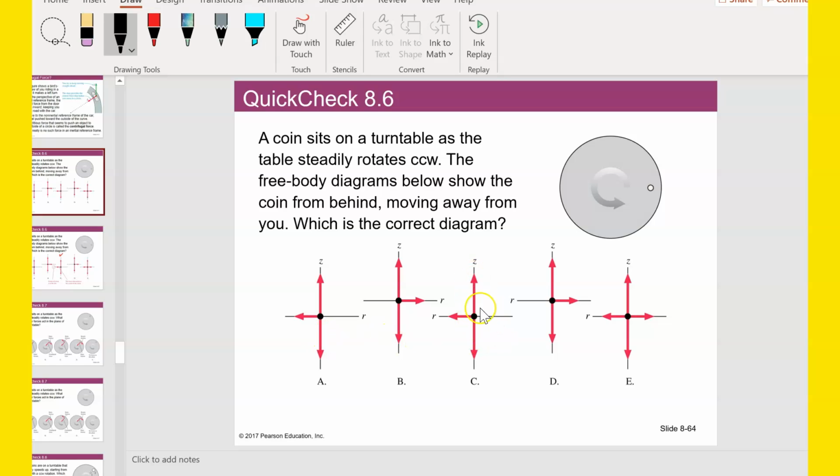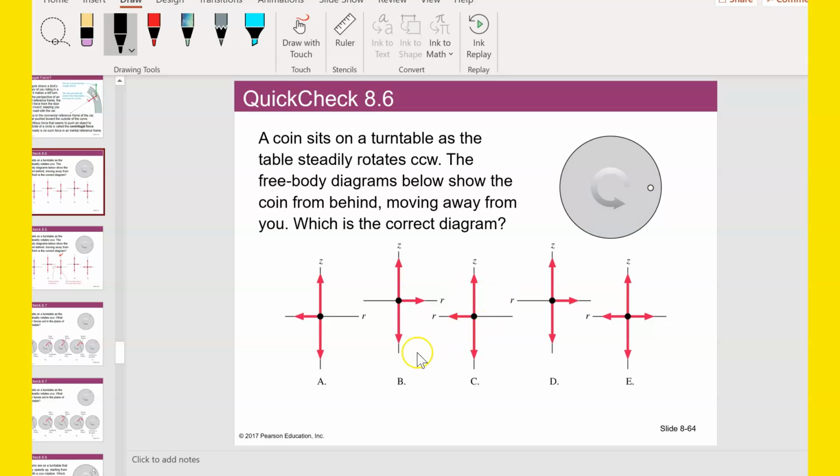We have the gravitational force and normal force, and we have a frictional force. The frictional force is trying to keep that coin from sliding. The coin wants to go off in the tangential direction, so it's constantly wanting to go away from the center of the circle. This is a good looking free body diagram, but look at A and C, they look exactly the same.